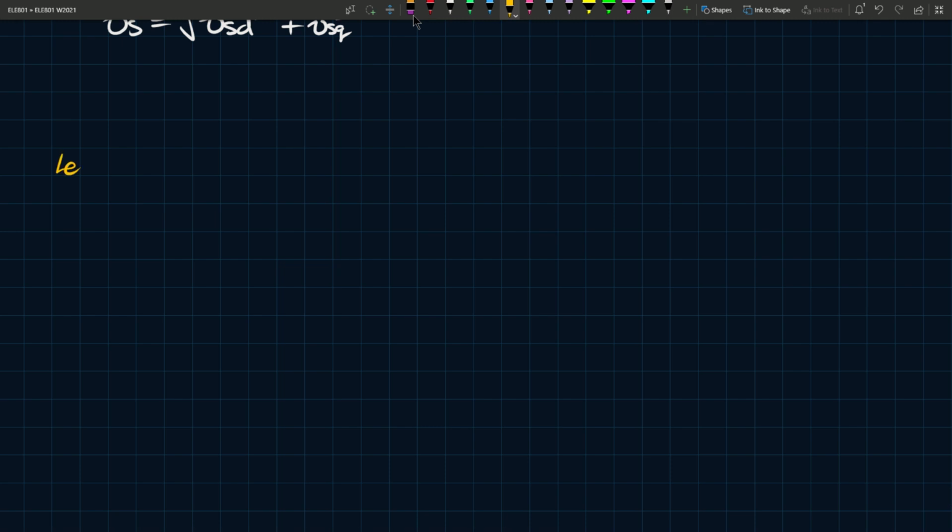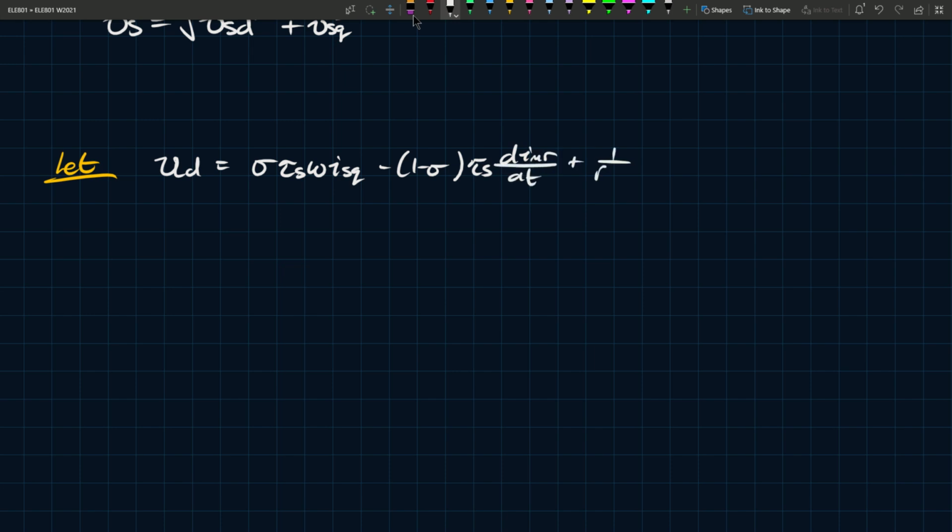Let's say UD equals sigma tau S omega ISQ minus (1 minus sigma) tau S dIMR/dt plus 1 over RS VSD.